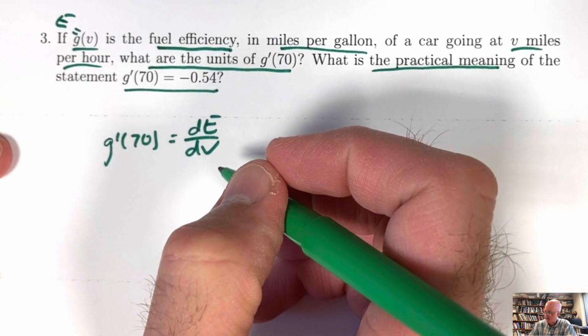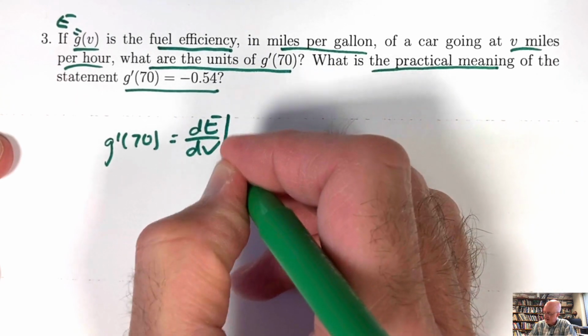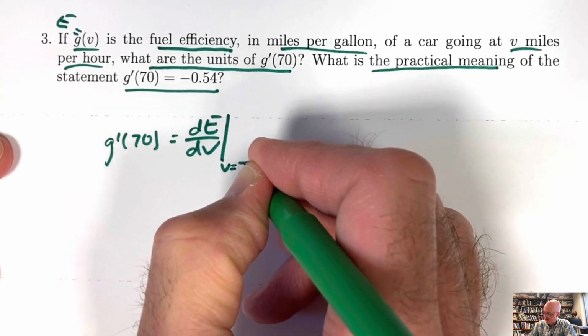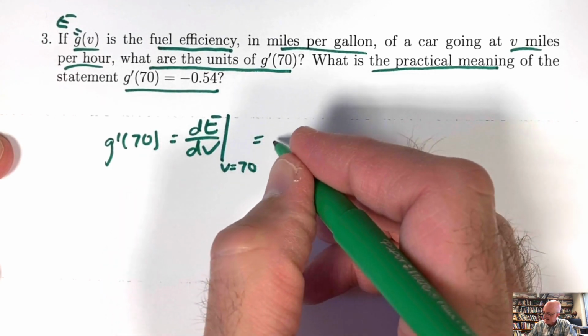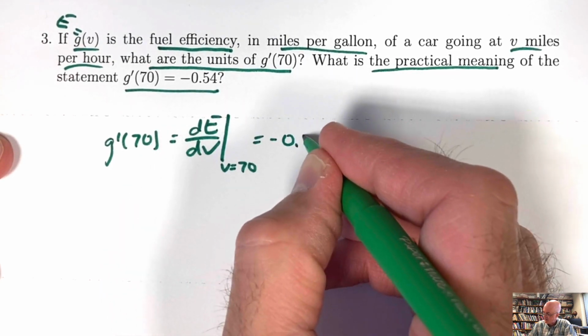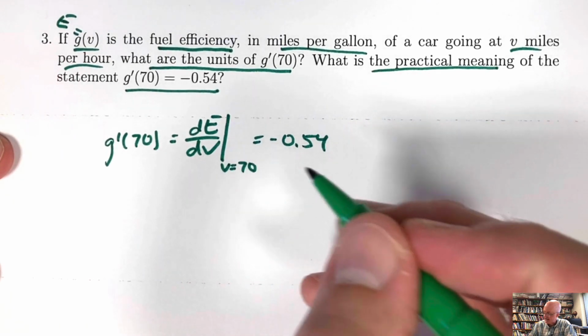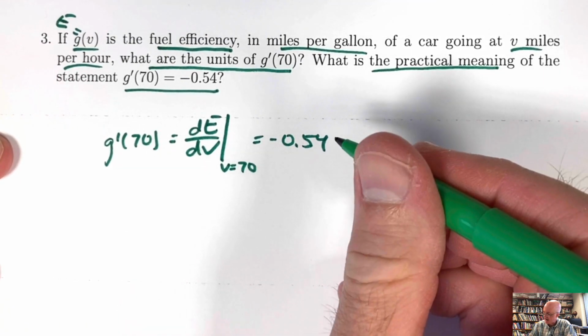We could imagine we're just going in one direction. Evaluated when you are going 70 miles per hour, that is negative 0.54.